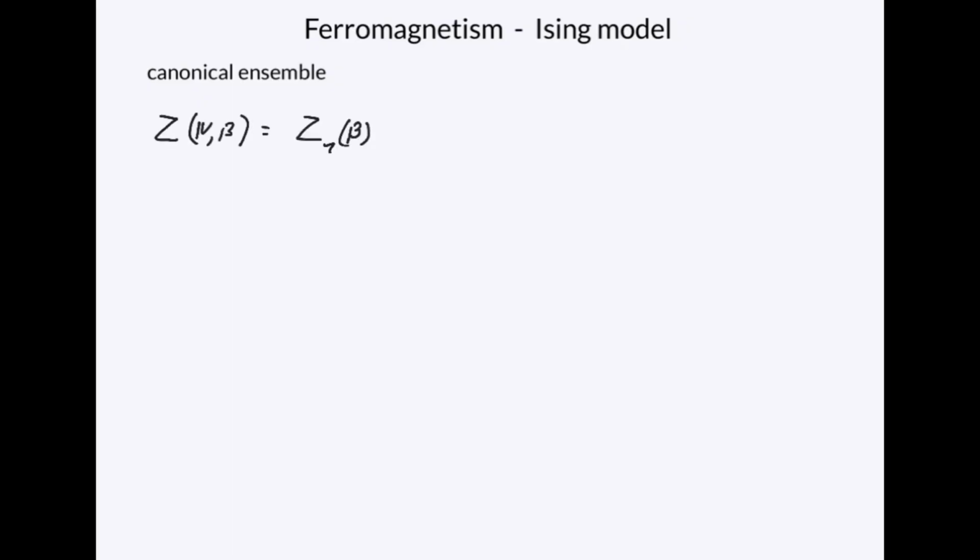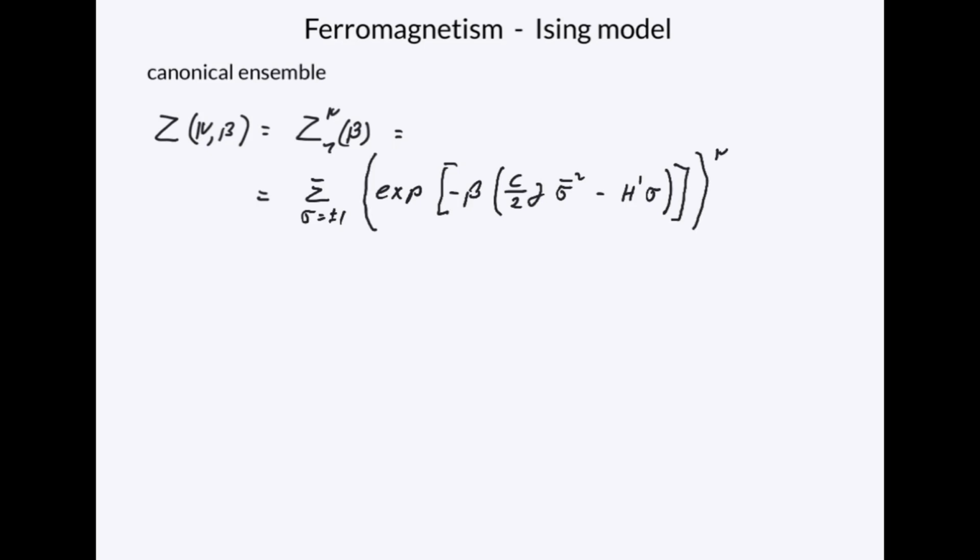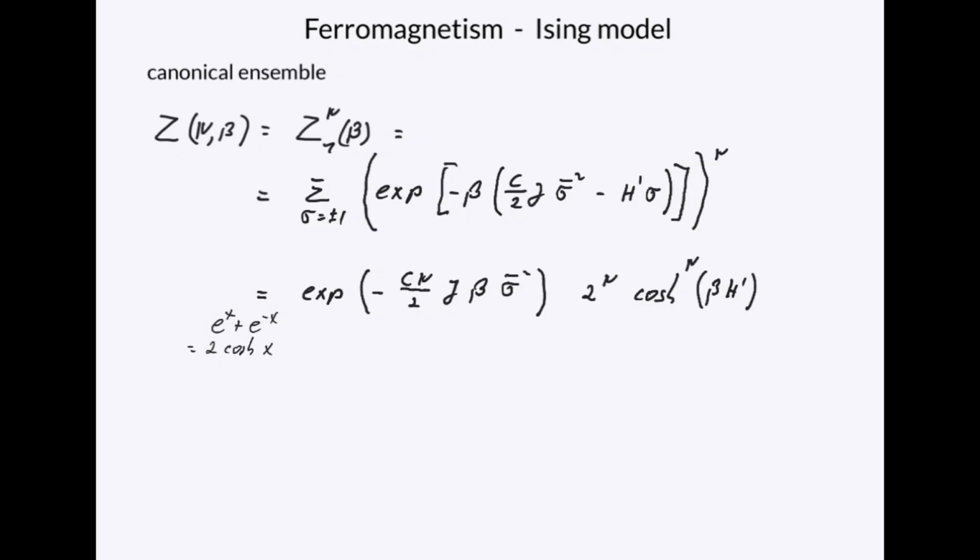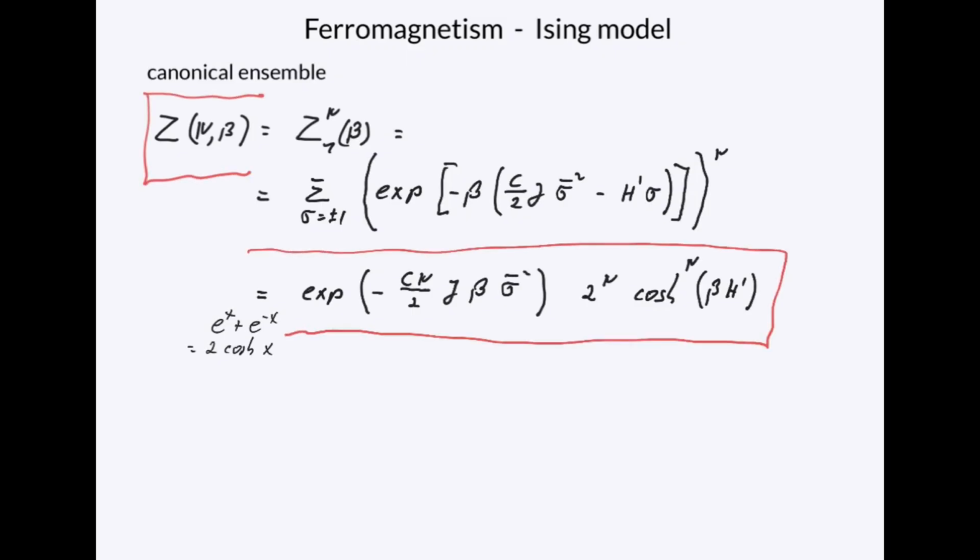The n-particle partition function Z of n and beta is then given by the single particle partition function Z1 of beta to the power n, which is given by the sum over the two values of sigma, plus and minus 1, of e to the power minus beta epsilon i, leading to the final result that Z of n and beta is equal to e to the power minus c n half J beta sigma bar squared times 2 to the power n times cosh to the power n of beta h prime, in which we use the definition of the hyperbolic cosine being e to the power x plus e to the power minus x.